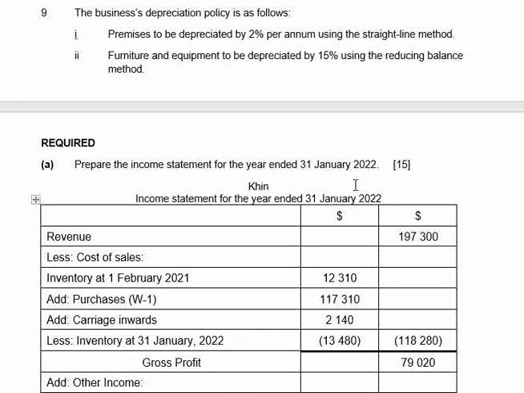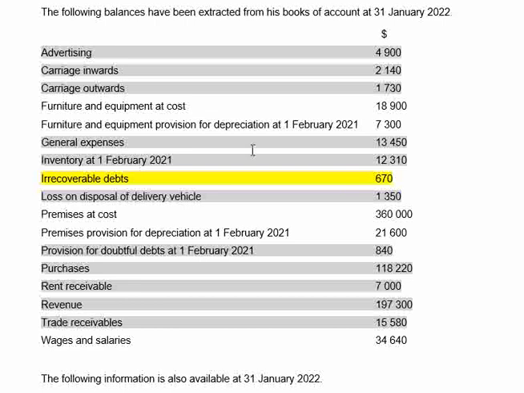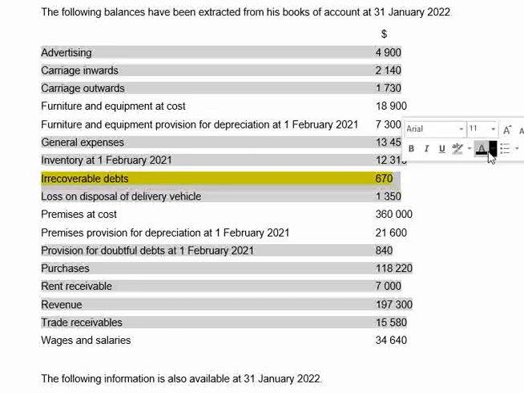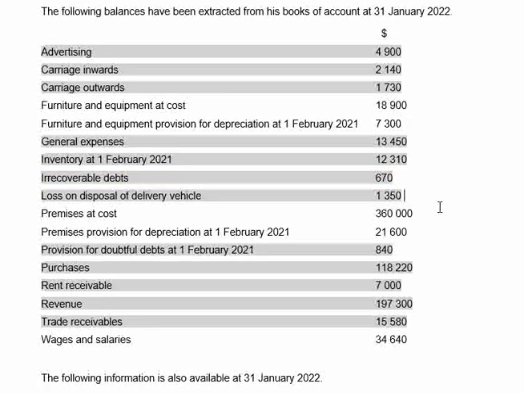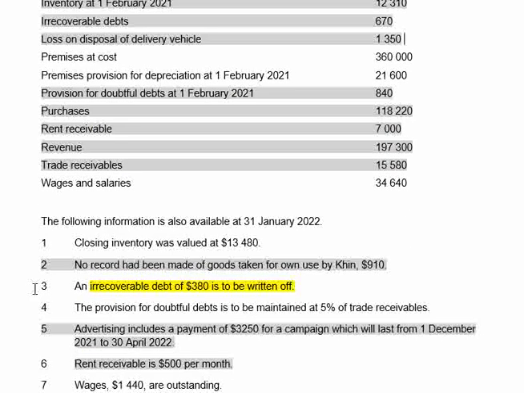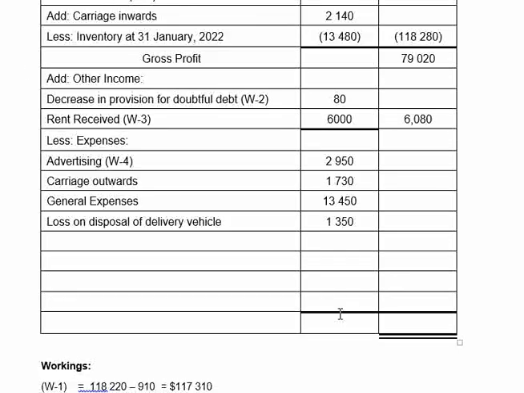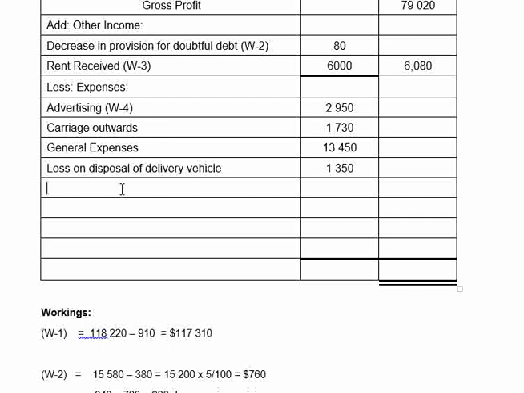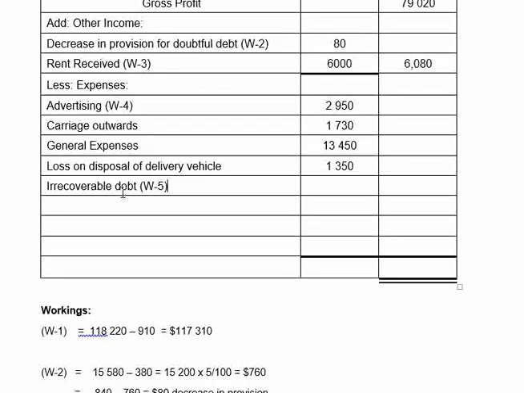Then if we look into the question, you have been given irrecoverable debts. Irrecoverable debt is your expense, 670, but there is another irrecoverable debt adjustment that you have to take. So you will write it here, irrecoverable debt, and mark working number 5.